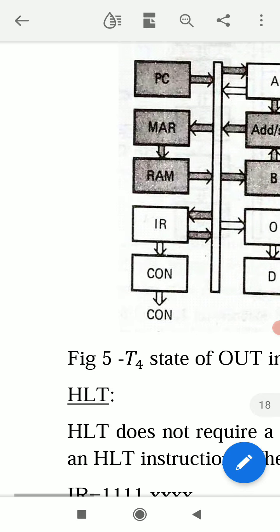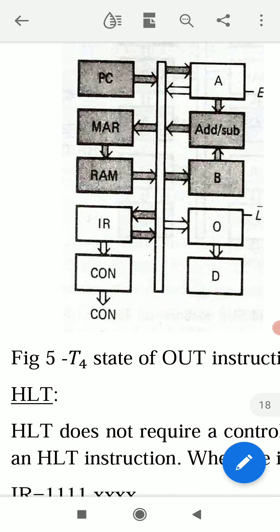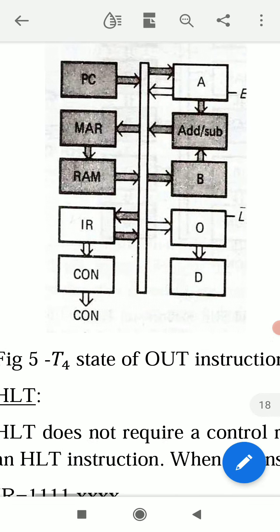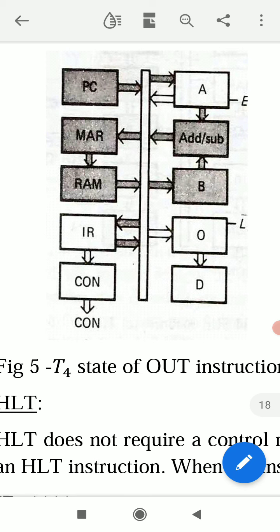This is figure 5. It shows T4 state of out instruction. Active parts are IR instruction register, CON controller sequencer, A accumulator, O output register, and D display. And active bits are EA and LO bar.